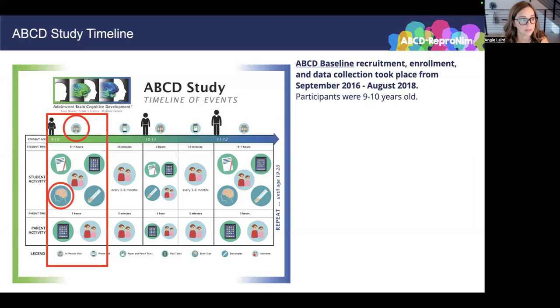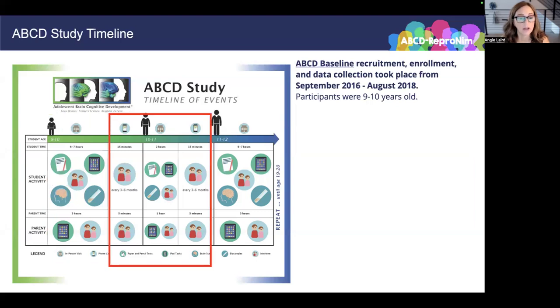The follow-up assessments included mid-year phone calls, indicated by the little smartphone, at 3 to 6 months, an in-person visit 1 year after baseline without neuroimaging, followed by mid-year phone calls 3 to 6 months after the 1-year appointment. During this time, our participants were 10 to 11 years old.